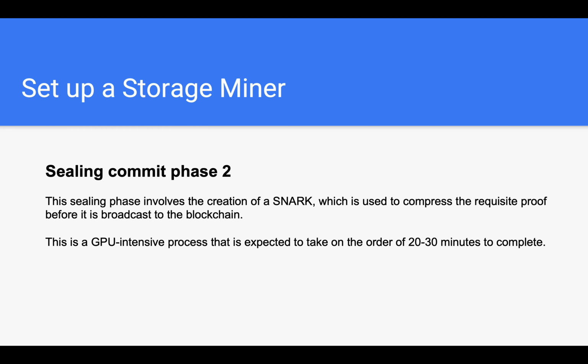This phase involves the creation of a SNARK, which is used to compress the requisite proof before it is broadcast to the blockchain. It is a GPU-intensive process that is expected to take on the order of 20 to 30 minutes to complete. And also, the time varies based on the GPU you are using, and also the version of the Lotus release.